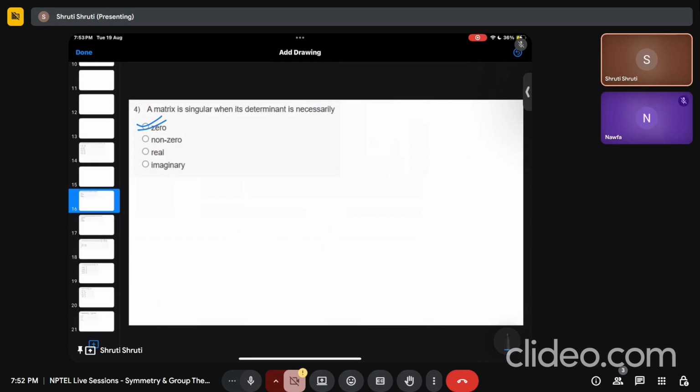Okay, ma'am. Then for singular matrices, suppose you have been given a matrix, and just by looking at it, what are the ways you can tell whether it's a singular matrix or it has some value of determinant?